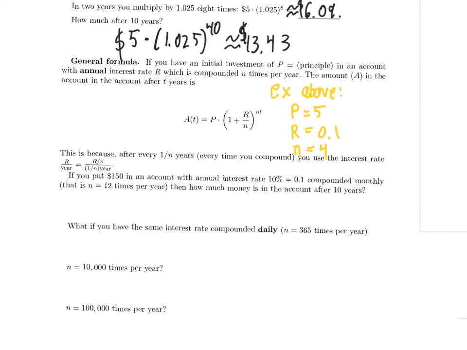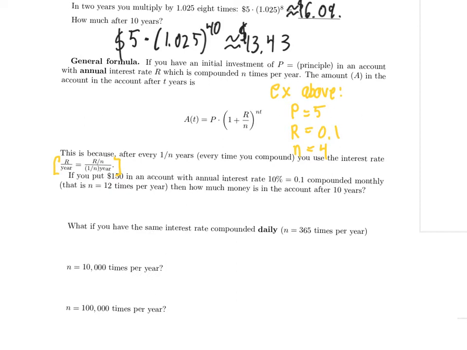The idea is you act as though every 1 over n years, that is every time you compound n times per year, so every 1 over n years you compound the interest, you apply this interest rate. But you need to convert it to how big the period is. That's 1 over n years. That's why I use the interest rate of R over n.